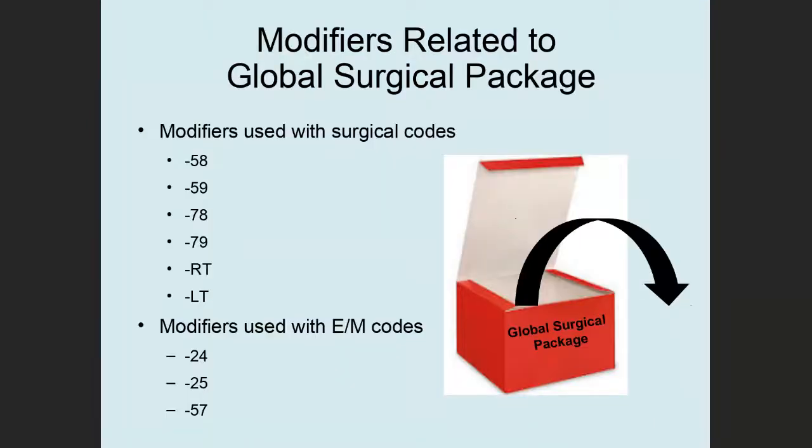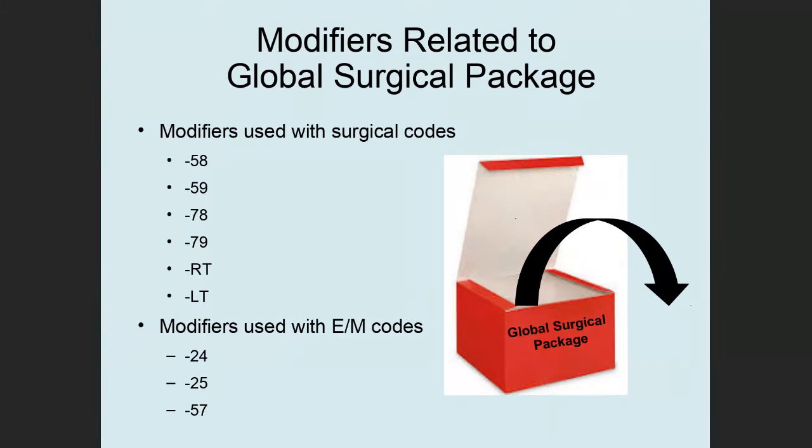Now, sometimes modifiers are used to indicate that services provided in a specific case should not be bundled, but should be paid separately. The important thing to remember is if it's appropriate to use a modifier, if it's appropriate to report it separately, if you don't use a modifier, it will not get paid. Some modifiers are used with surgical codes, while others are used with E&M code.